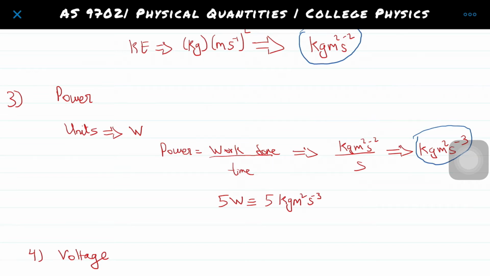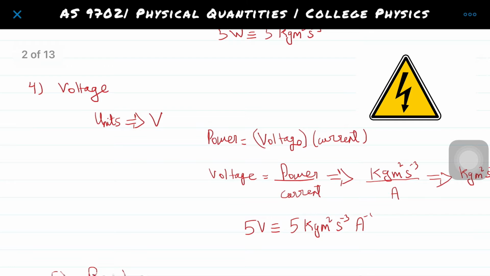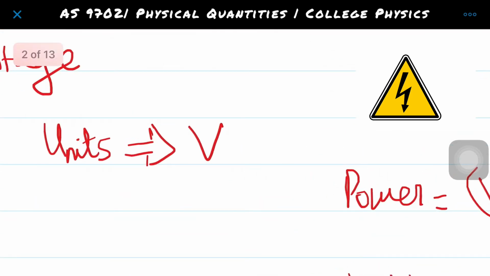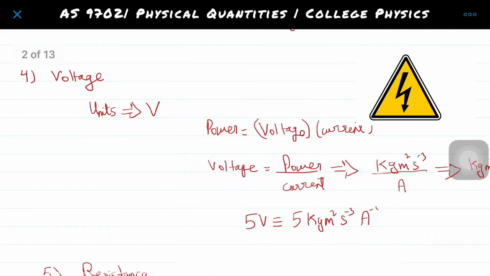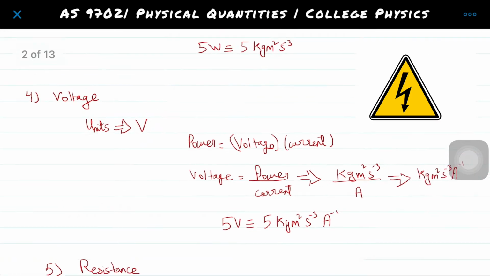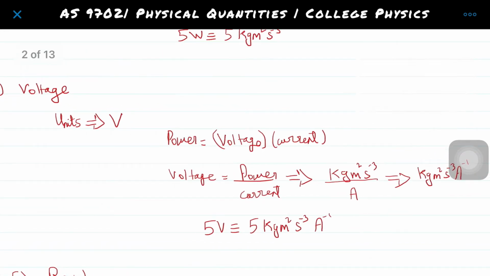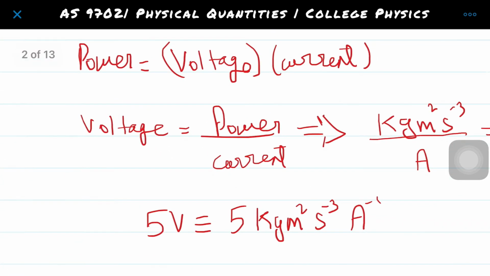Now moving on to voltage. The unit of voltage is volt, right? And we know that power is equal to current into voltage, P = IV. We also learned this from O levels. So if we rearrange the formula and make voltage the subject, the formula of voltage would be power upon current.